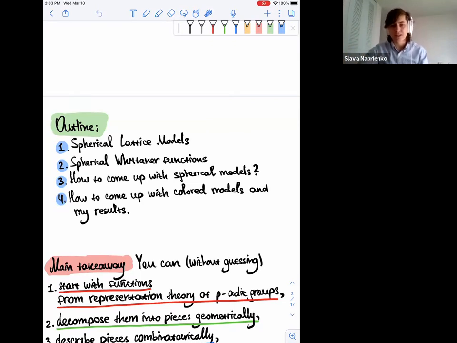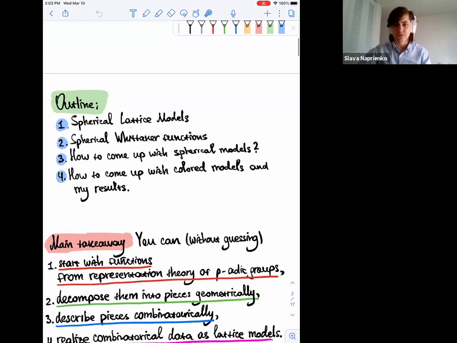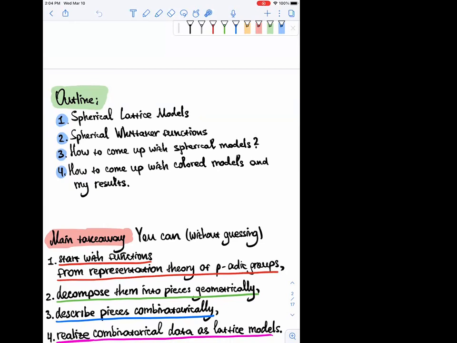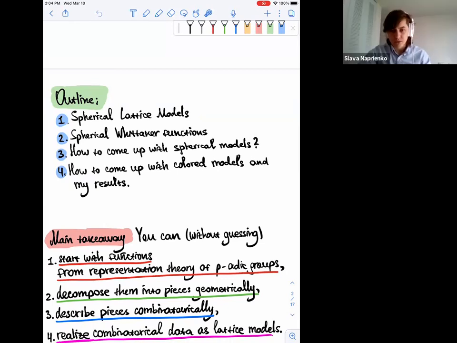Oh, yeah, I'm sorry, I didn't upload the notes on the website yet. I don't think it's going to be very convenient for me to do it now, so I'm going to upload them after the talk. I'm sorry for that. I don't think that Zoom allows to do this.